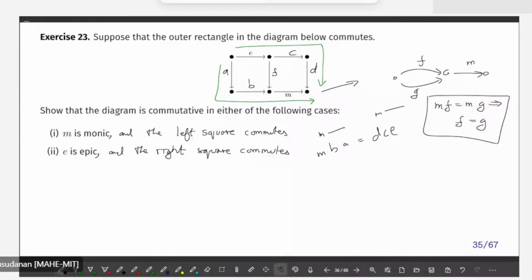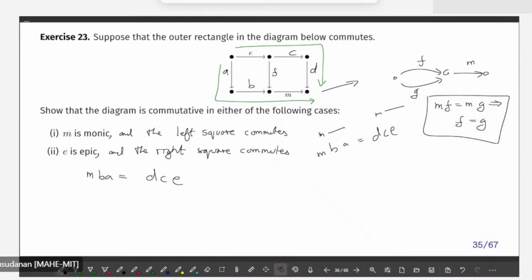Let me write it down and check. You know that MBA is equal to DCE because left square commutes.